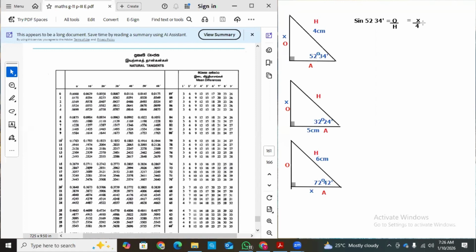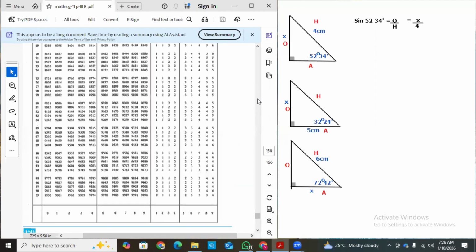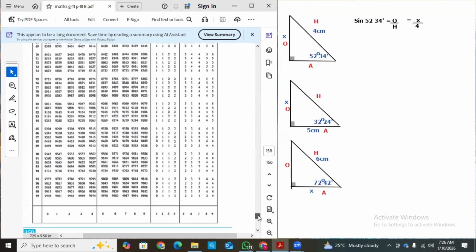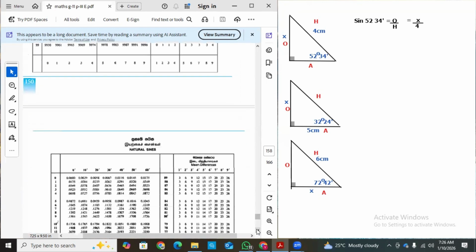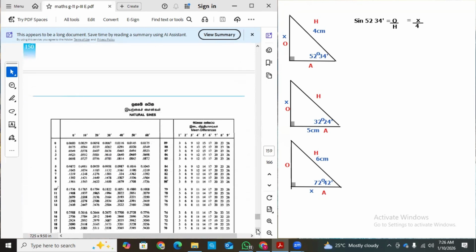That's very easy. You all can see in the left-hand side, we are having a chart with us. And the sine table. Here, the sine table and 52, 34.